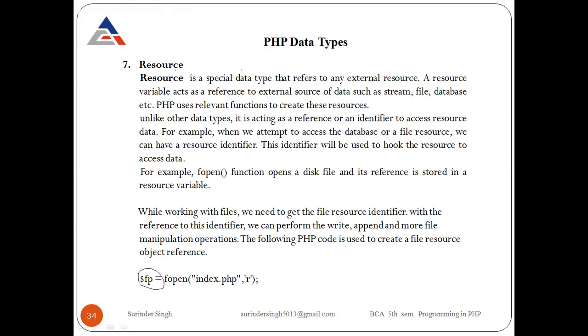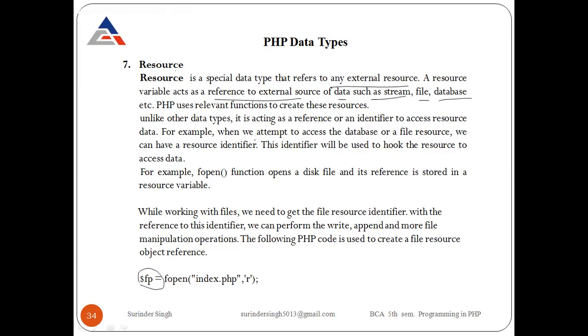A resource is a special data type that refers to any external resource. A resource variable acts as a reference to an external resource, of data such as a stream, input output path, maybe a file, any external file, database, etc. Unlike other data types, it acts as a reference or an identifier to access resource data.